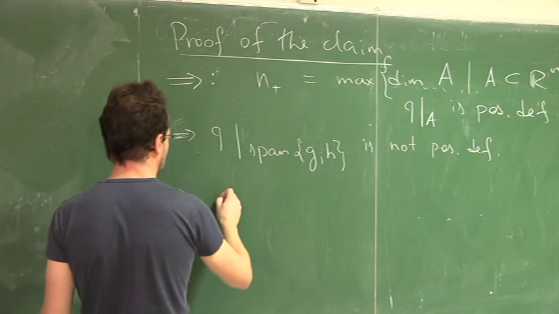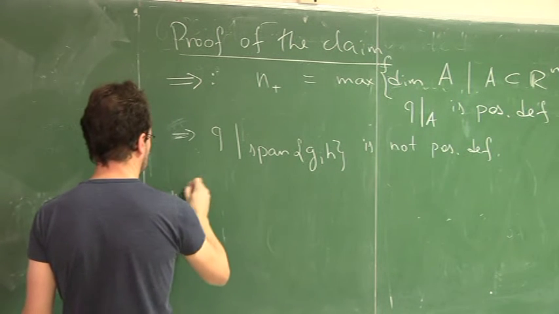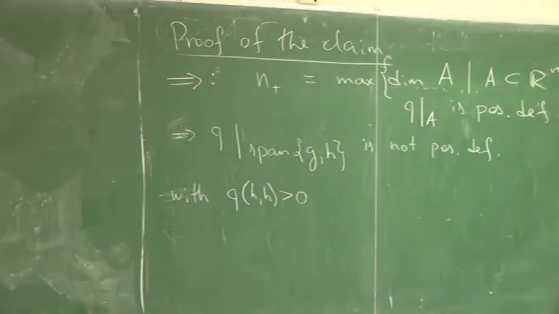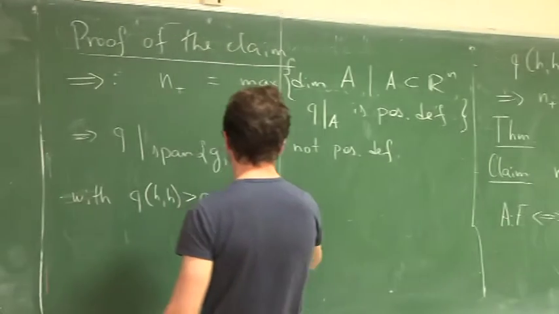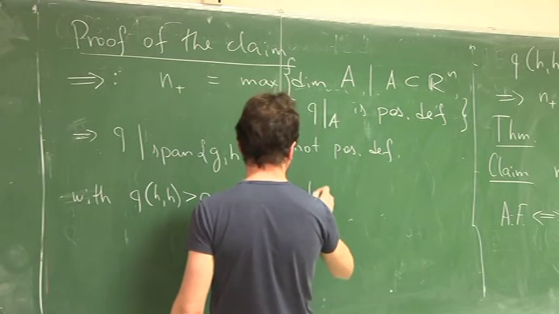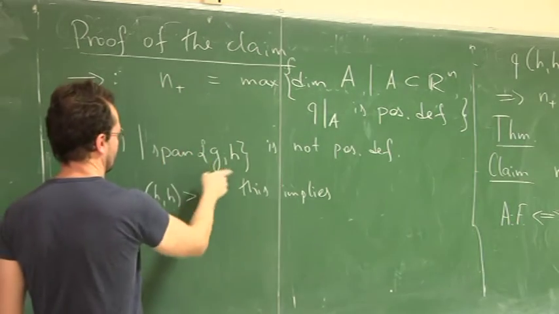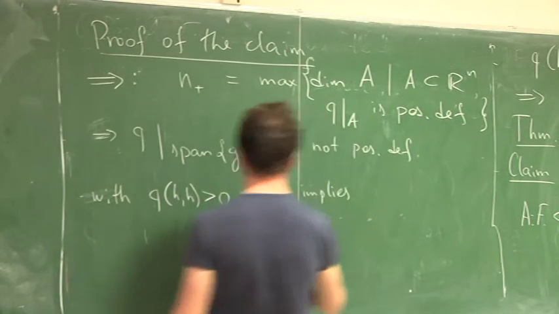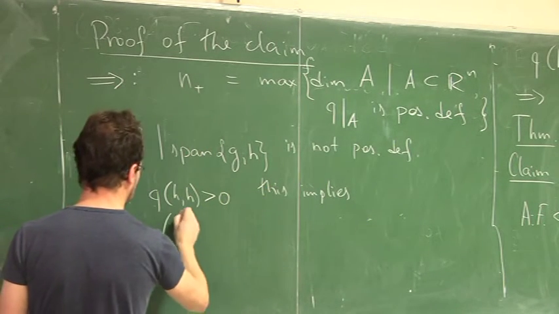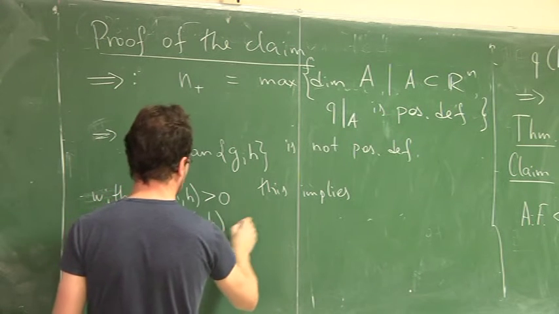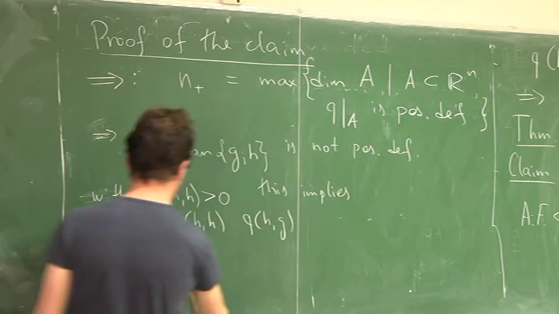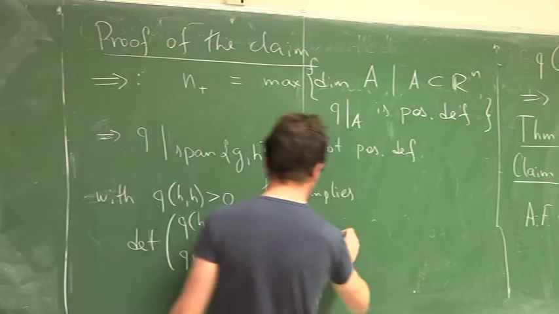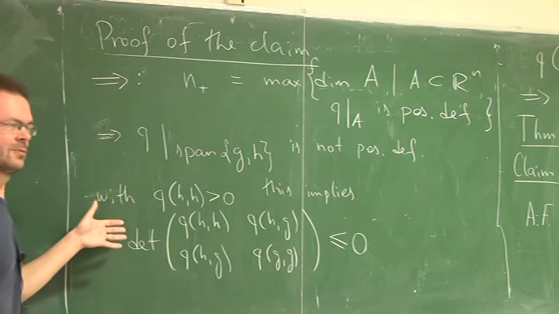This, together with the fact that Q of hh is bigger than 0, since Q of hh is a mixed volume, implies that the Gram matrix of Q in the basis g, h has non-positive determinant: the determinant of Q of hh, Q of hg, Q of hg, Q of gg is less or equal to 0.